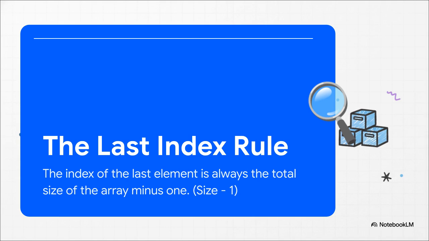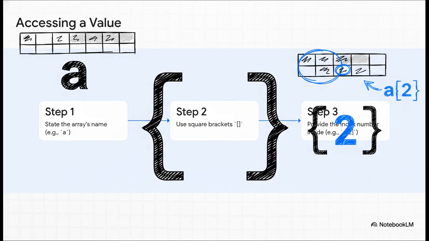The index of the very last element in any array is always going to be its total size minus 1. So for our array that has a size of 5, the indexes are 0, 1, 2, 3, and the last one is 4. So how do you grab a value? It's actually super easy once you get the hang of it. You just write the name of the array, in our case A, followed by square brackets. And inside those brackets, you pop in the index of the item you want. So A and 2 would get us whatever's in that third box.